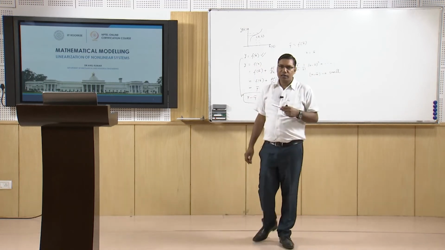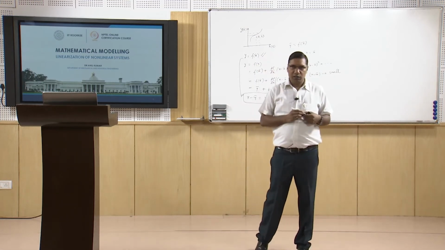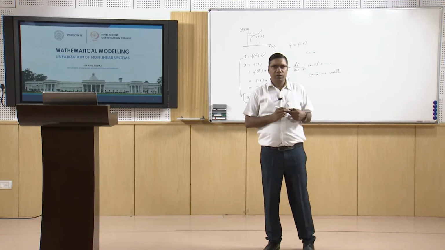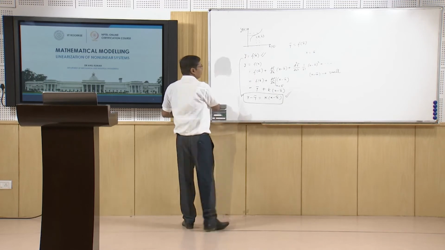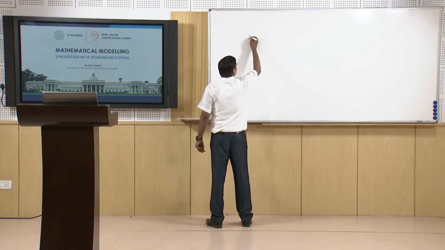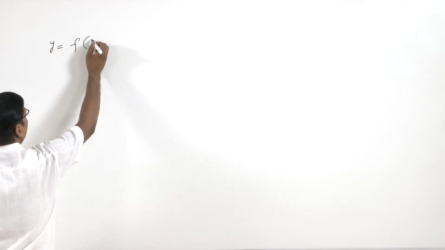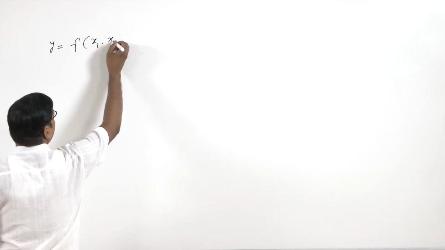Here we can see that there is only one variable x. Now, if there are more than one variable, or two variables x1 and x2, then how to write this function? So, let us assume y is a function of two input variables x1 and x2.